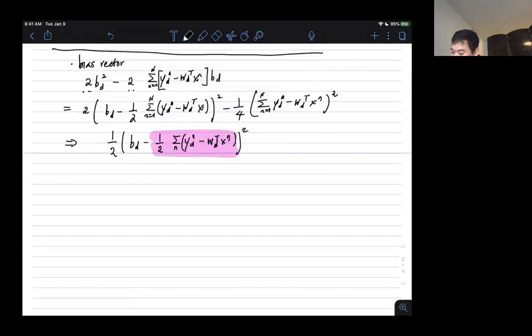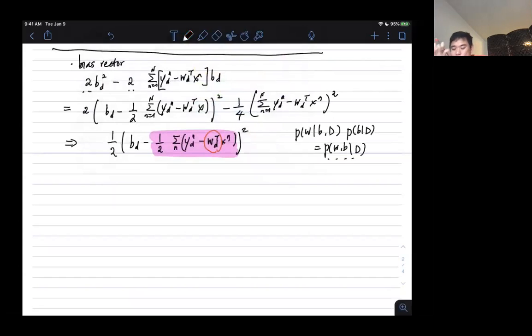Now, one thing we need to be careful about here is that we notice that this one depends on W. That's not good, because we had the P of W given B and D, and what we want is P of B given D, where the B does not depend on W, so that we get a posterior distribution that is well defined.